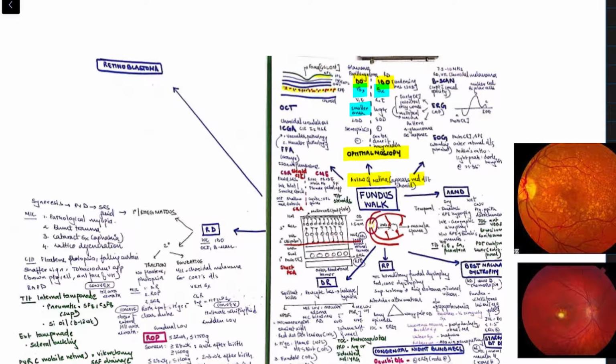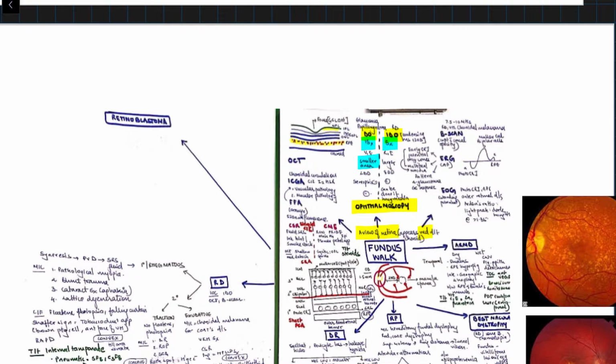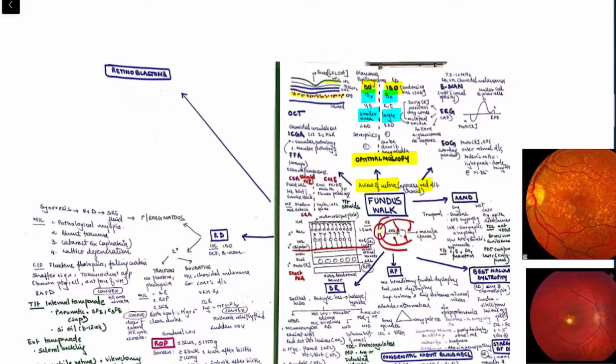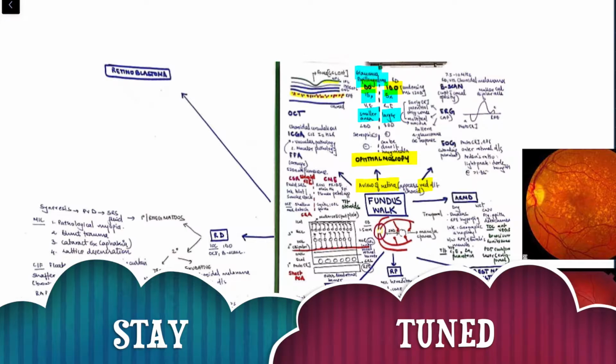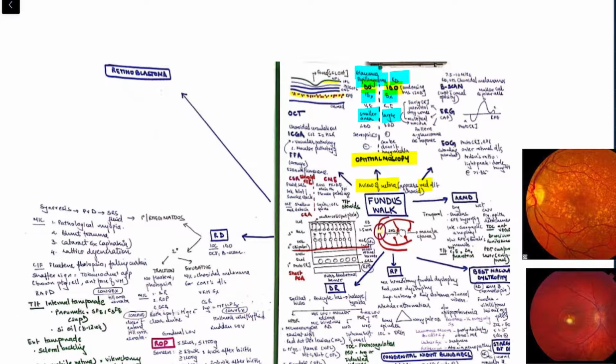So the area visualized in direct ophthalmoscopy will be smaller as compared to the area visualized in indirect ophthalmoscopy, that is larger, right? And direct is for glaucoma and papillary diseases, while IDO is usually for retinal detachment.